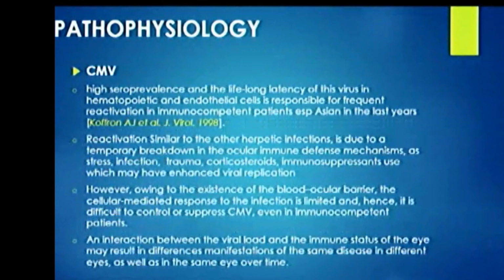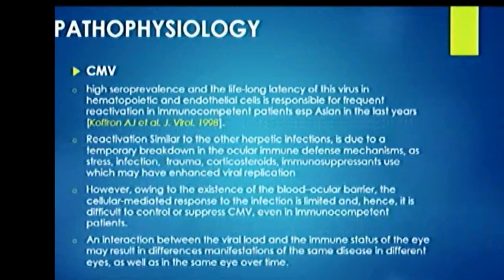In fact, in our experience, we do see recurrence, but not as much if you give them the full course of valganciclovir. The first person to describe CMV anterior uveitis in immunocompetent patients, because all of us know that cytomegalovirus retinitis is a disease of immunosuppressed individuals, was Dr. Nikos from Greece.